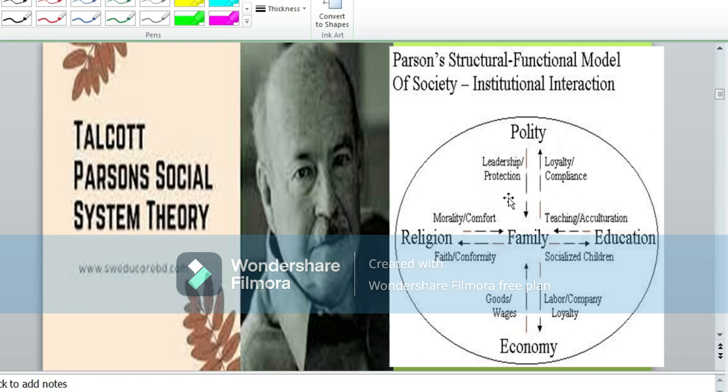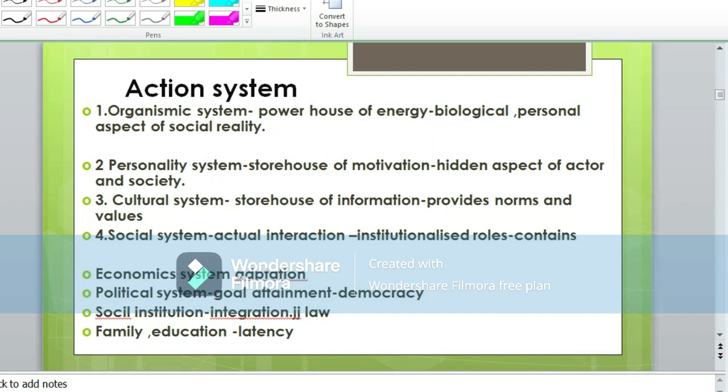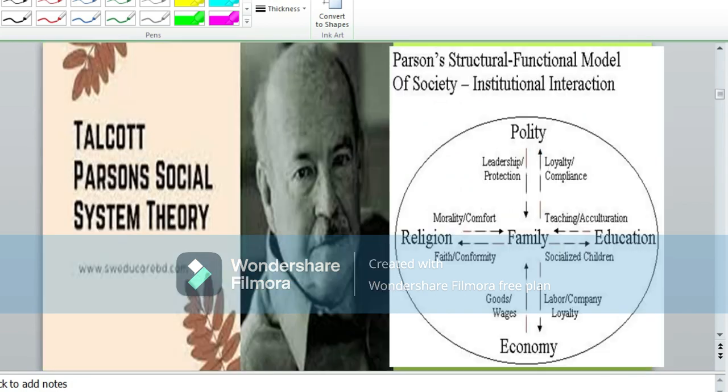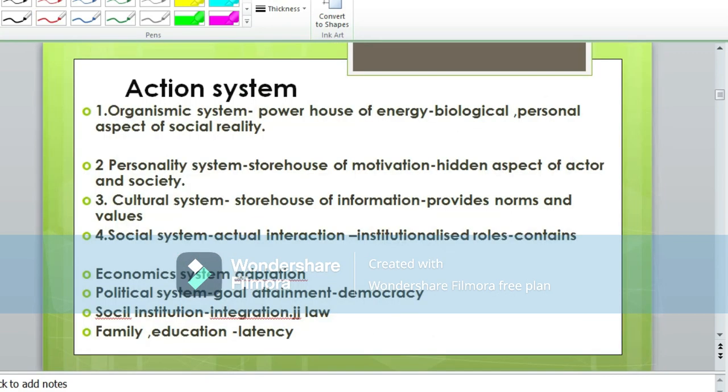Now Parsons, in order to relate different kinds of actions, provided the vision of the AGIL system. And he gave the action system, which is based on four categories.